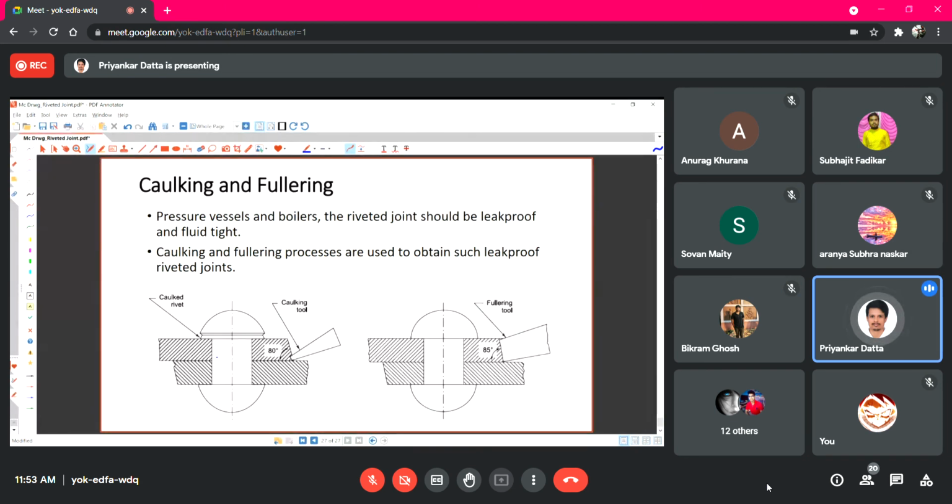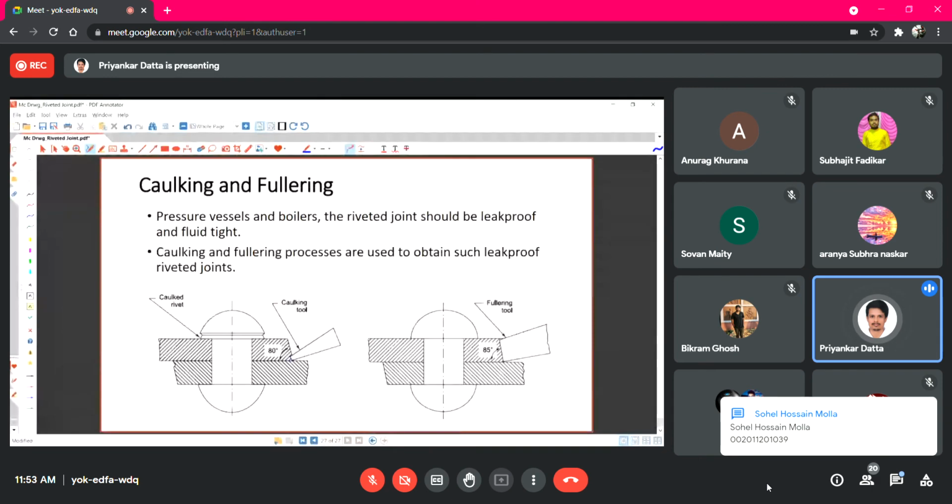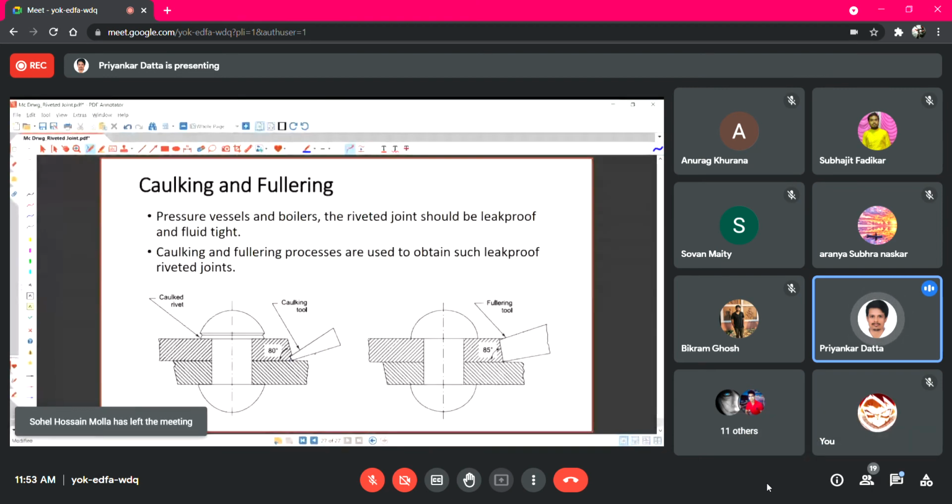It is a type of chisel which is placed at the joining of two primary plates, and they are hammered so that this part is locally plastically deformed, and it is to some extent attached with the lower plate so that this part becomes leak proof. So in mostly boilers and other ship applications where leak proof joints are required, we generally perform this caulking.